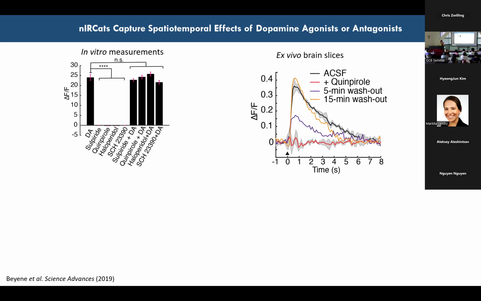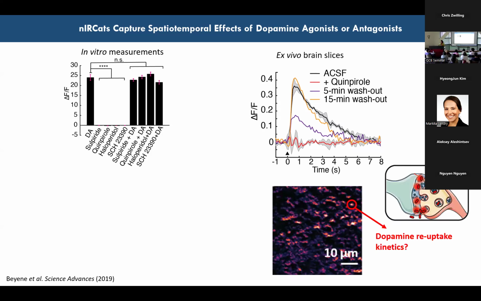Now, up until now, I've shown you data that is, again, an ensemble average of the field of view that we're able to capture with our imaging microscope. And of course, one of the advantages of working with a technique that gives you spatial resolution is that we're now able to query individual regions of interest or putative release sites within these tissues.